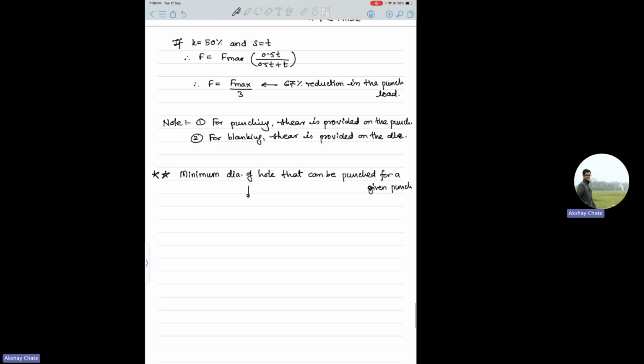So that is calculated by simple energy balance, which is the load exerted by the workpiece on the punch. In the limiting case, it has to be equal to the crushing strength of the punch.